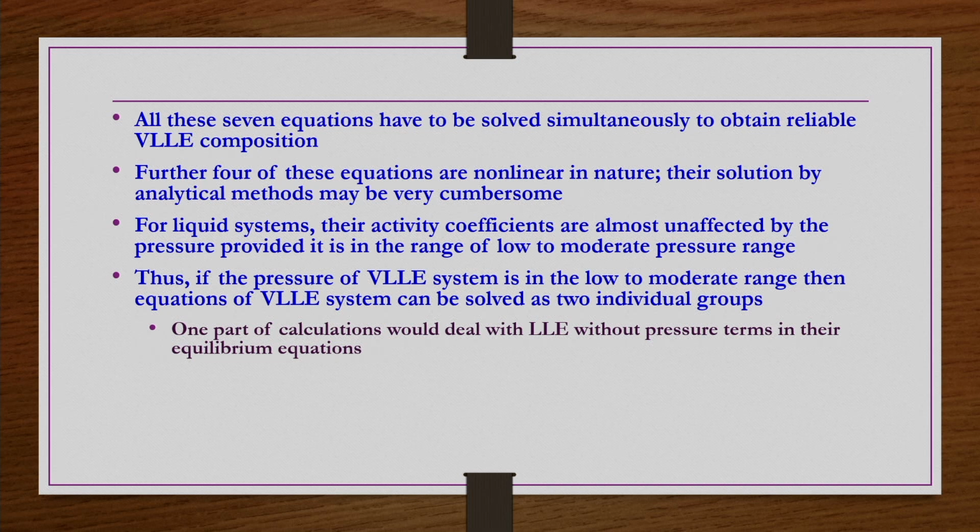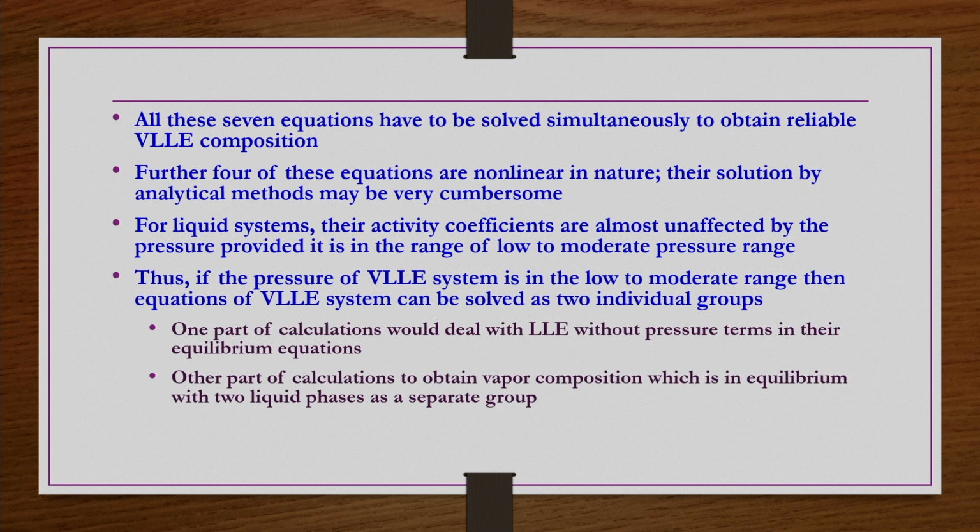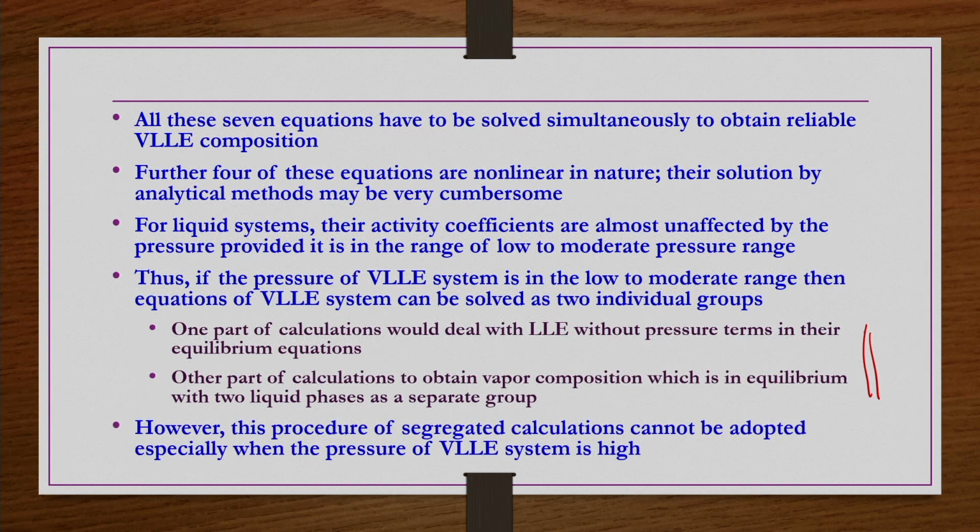Once you have this LLE composition, you can use it to find out the vapor composition, so that all these 3 phases' compositions, vapor and 2 liquids, you will finally obtain. But this segregating approach you can use only if the pressure is low to moderate, you cannot use it if the pressure is high. This is what we have seen in the previous lecture, it is a kind of recapitulation.